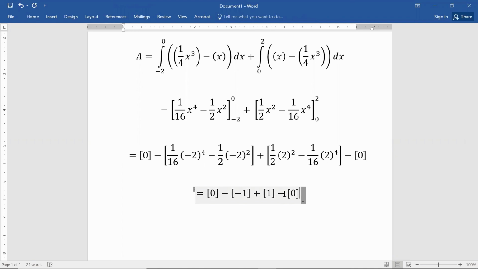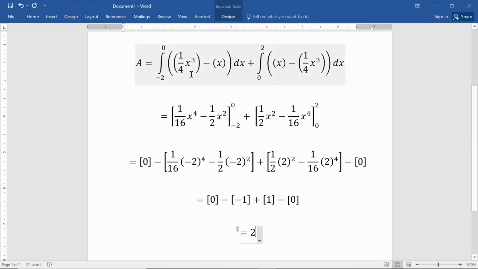Be careful of your positive and negative signs. We are subtracting a -1 and then adding a +1 along with the zeros. And that means this total area is 2. The area that we saw on the previous slide is 2, a nice whole number. So when functions cross, we just have to add multiple area parts if I want the total area where all of the areas are counted as positive.